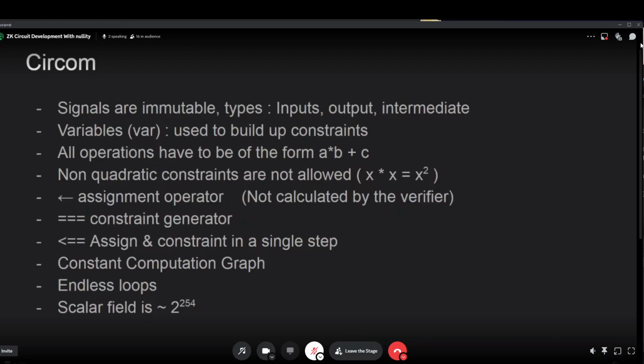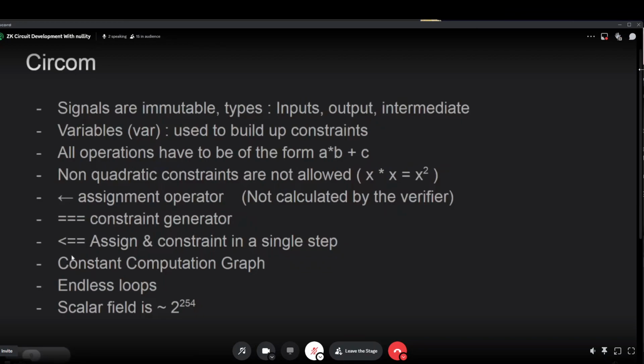Now, what is quadratic? Quadratic is nothing but something of degree 2. Linear would be something of degree 1. And non-quadratic will be anything that is not of power 2. So x into x would give you x squared, and this is quadratic. And anything other than this form is not really allowed. So you can use these to assign but not constrain.